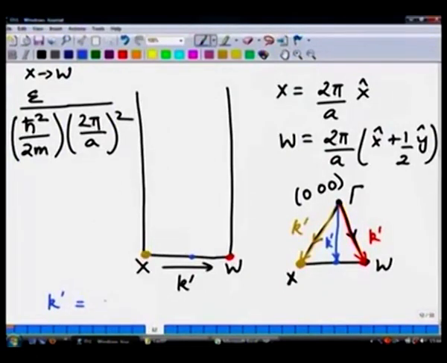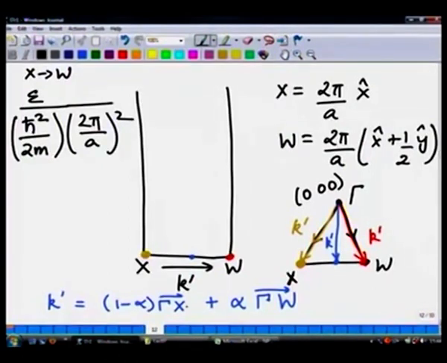this k prime vector can simply be written as equal to (1 minus alpha) times the gamma to X vector plus alpha times the gamma to W vector. What does that mean? Let us use the black pen itself. If I want to plot this, essentially k prime vector means this.